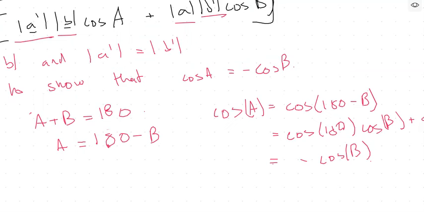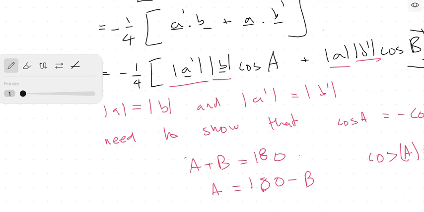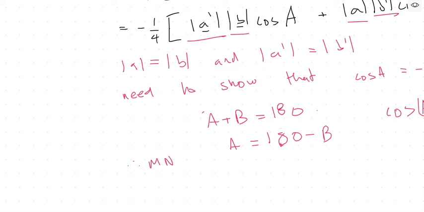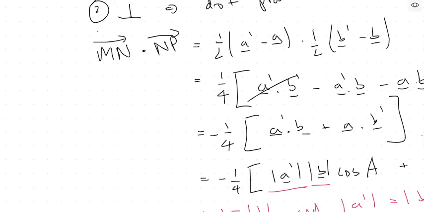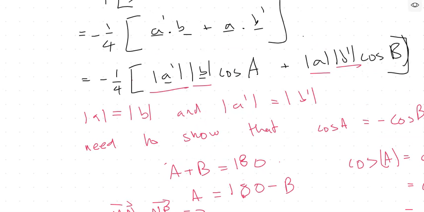Cos of A equals minus cos of B, so therefore MN dotted with NP equals 0.